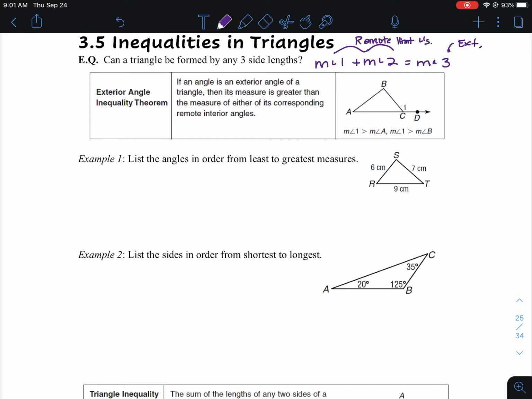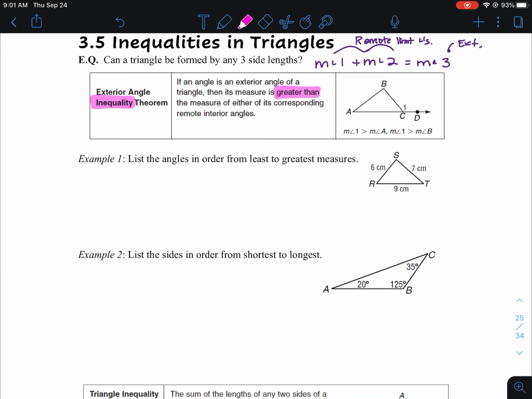What the inequality says is pretty much the same thing, we're just not going to have an equal sign. It says if an angle is an exterior angle of a triangle, then its measure is greater than the measure of either of its corresponding remote interior angles.